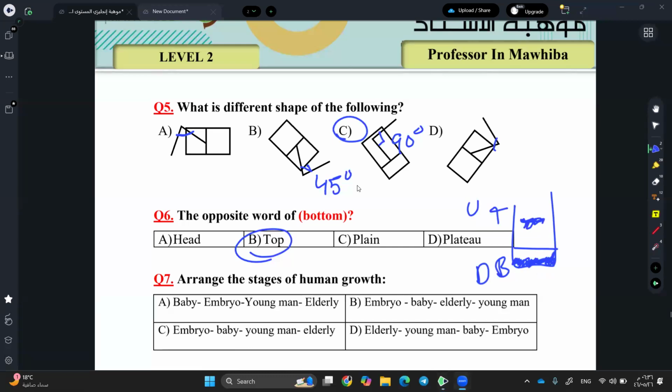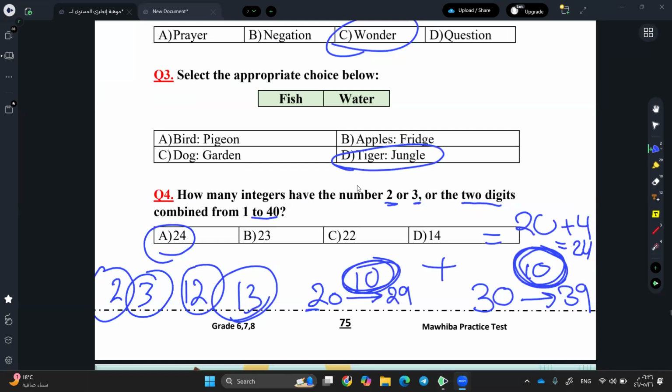Question number 4 again. Here you have how many integers have the number 2 or 3 or the two digits. So you're going to know what are the numbers that contain the number 2 or the number 3 from 1 to 40. First, let's count here. You have a 2, here's 3, here's a 12, here's a 13.